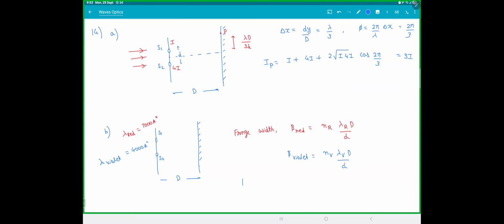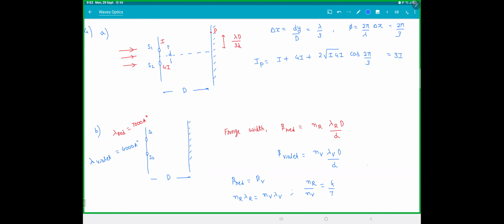When they overlap, both should be at the same distance. And we get NR lambda R is equal to NV lambda V. So NR by NV will be 4:7. The meaning of this is the fourth red fringe overlaps with the seventh violet fringe. And so on. 8th will overlap with 14th and so on. So the first fringe to overlap is 4 and 7.